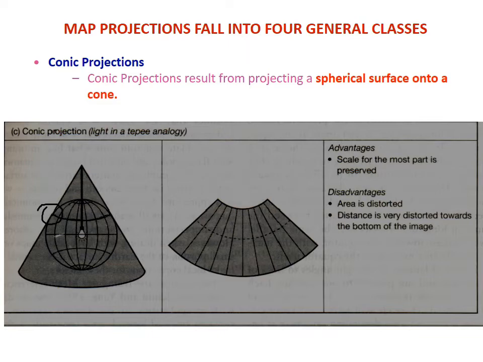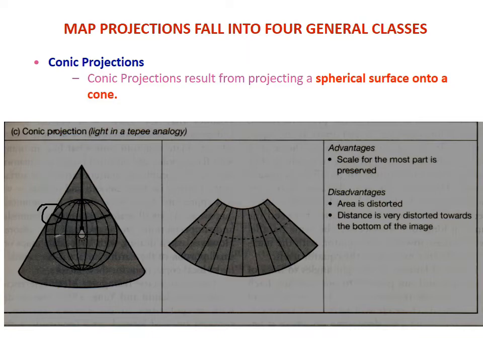That particular latitude is called the standard parallel. Any object on the earth that coincides with this standard parallel will be transferred truly, which means along the standard parallel the scale is preserved.